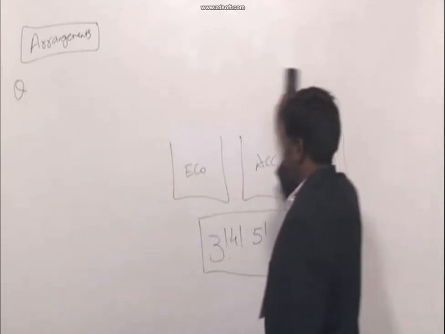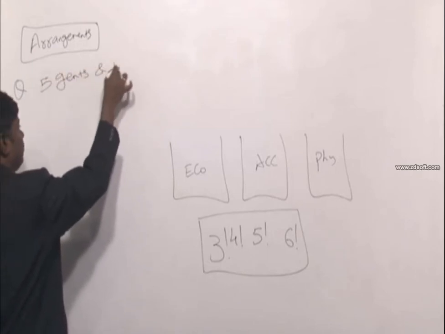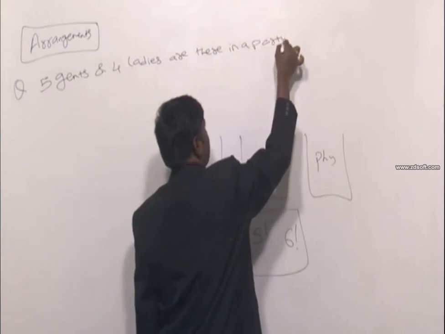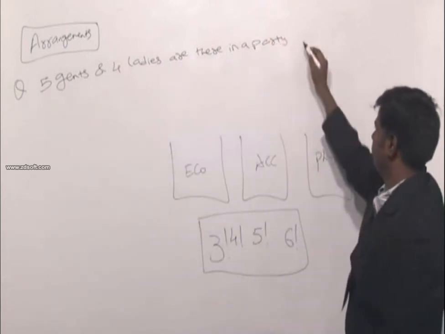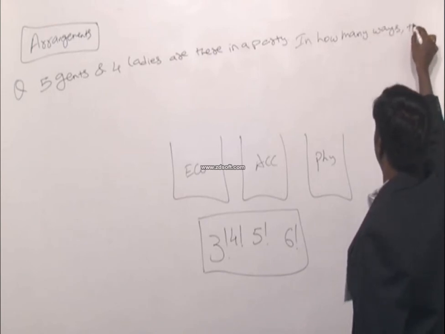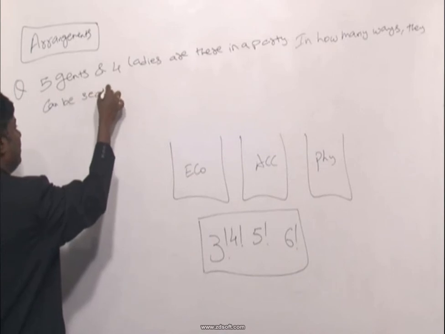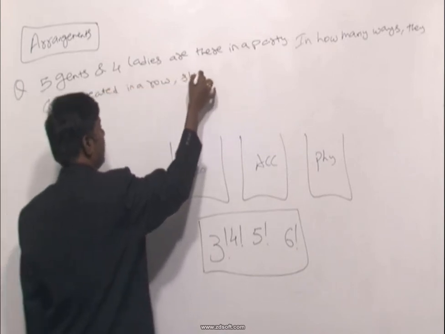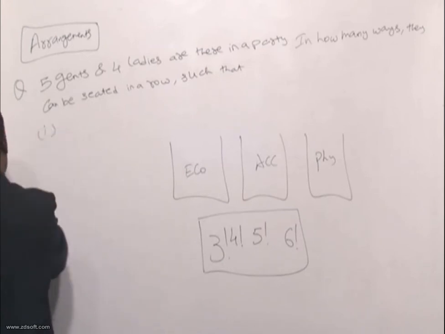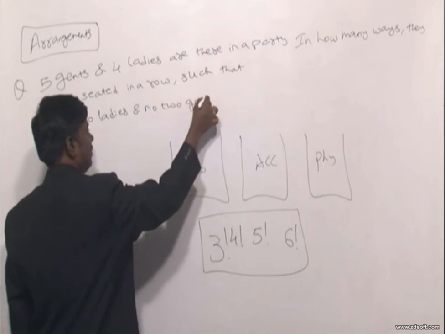Let us consider the next model. Again with respect to 5 gents and 4 ladies, in how many ways can they be seated in a row such that no 2 ladies and no 2 gents sit together?